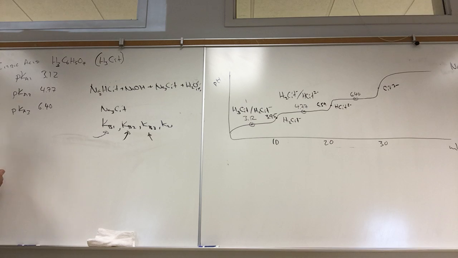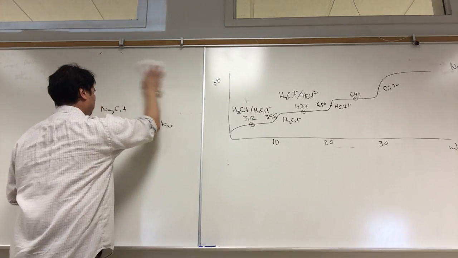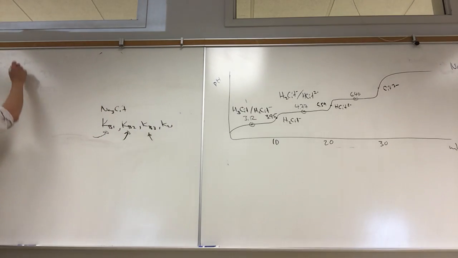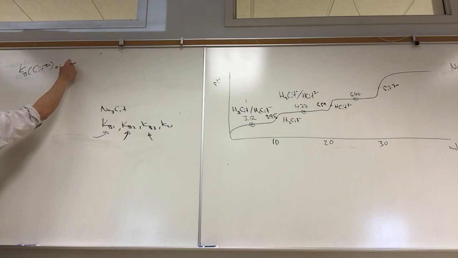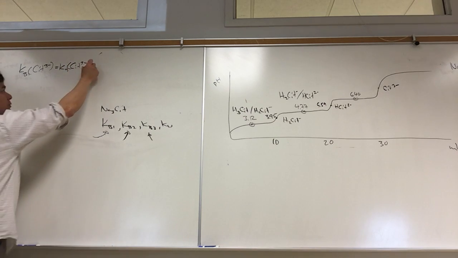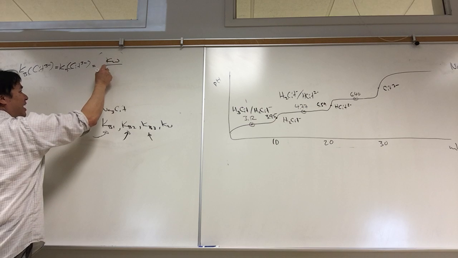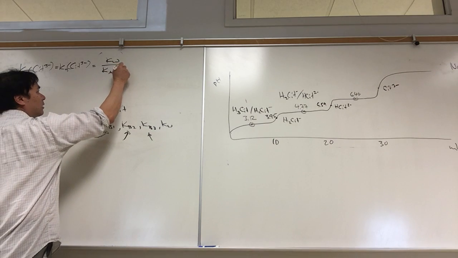Kb1 is just the Kb of citrate ion, citrate 3 minus, which is going to equal Kw over the Ka for what acid? No, not for citric acid. Monohydrogen citrate, its conjugate acid.